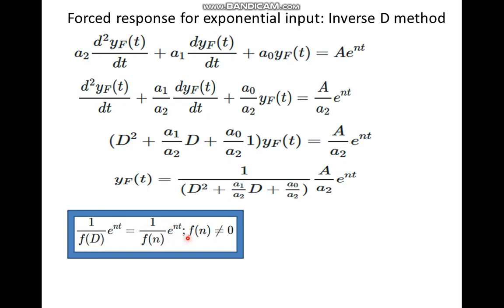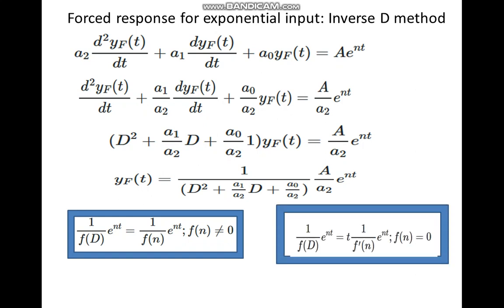Such a method is applicable if this denominator does not evaluate to 0. In case by replacing D with n, the denominator takes the value 0, then we need to multiply the numerator by t and differentiate the denominator with respect to D, and then put the value of n again.